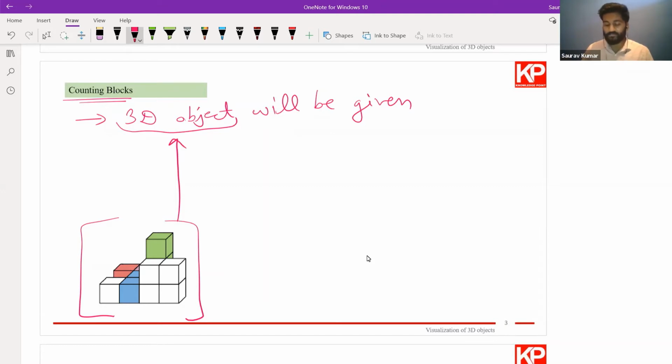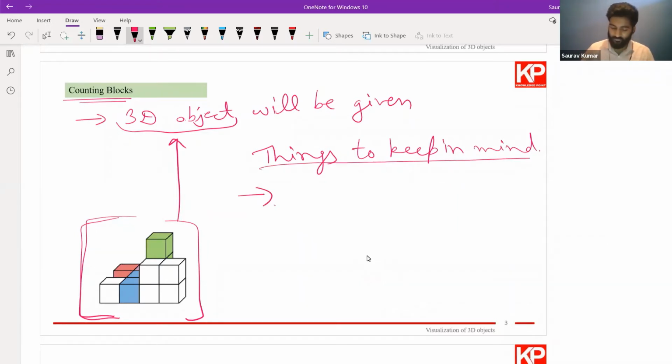Now, there are certain things that you need to keep in mind while analyzing such arrangements. The first one is that you need to be careful about the cubes which are not visible to you. It's not always that all the cubes would be directly visible to you.